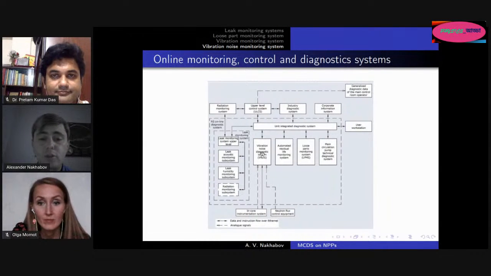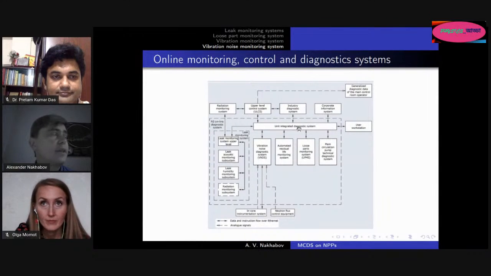You see vibration noise, a special system of automated residual life monitoring, loose part, main circulation pump, technical diagnostics. Actually, it's vibration, so we have a special unit, an integrated diagnostic system. On this slide, you see different connections between parts of the systems and the information provided in different subsystems, for example in-core instrumentation and neutron flux control equipment.